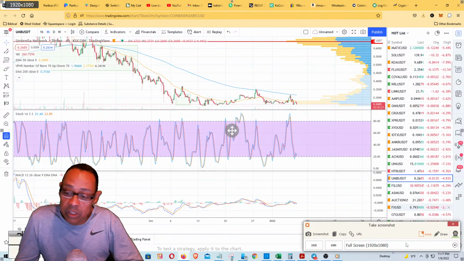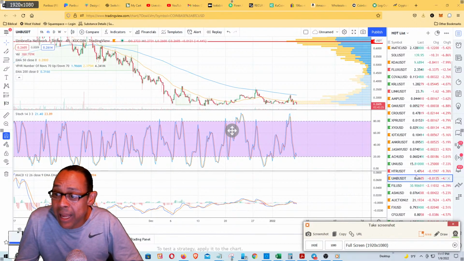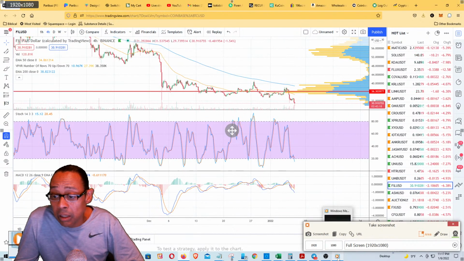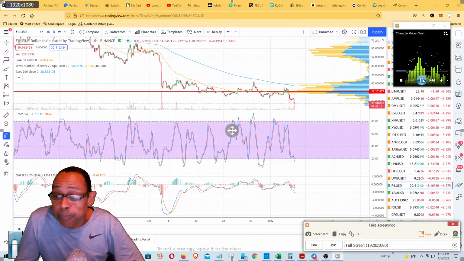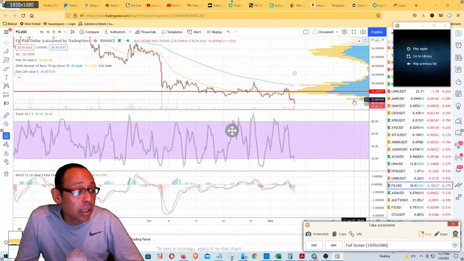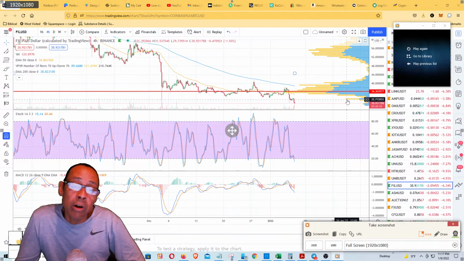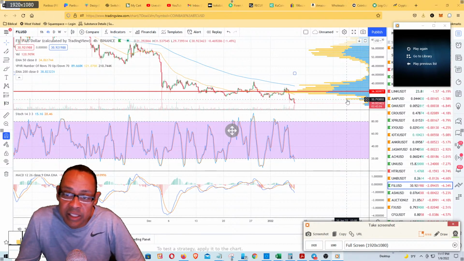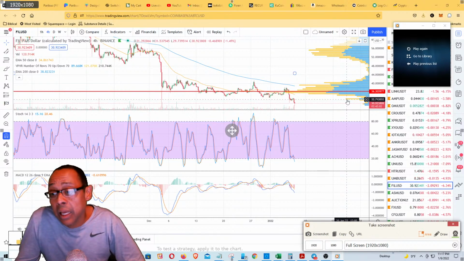UMB, 26 cents. I do have a bag of UMB, and I am looking to dollar cost average. There's Filecoin. All right, I do have a bag of Filecoin, and $30, that's not bad. I had sold out before. I bought into Filecoin before at like $25 to $40, sold out at $125, bought back in at like $40 to $50, sold out again at $65, and then started buying again at $40 and below.